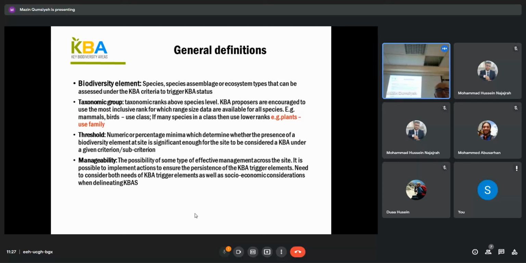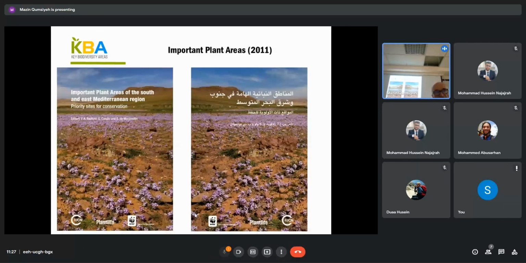The question of taxonomic group is of important significance. What has been done for the region, what I know that has been done, I know few things, and very few things for Palestine. We made a first attempt in 2011 and published a first book.